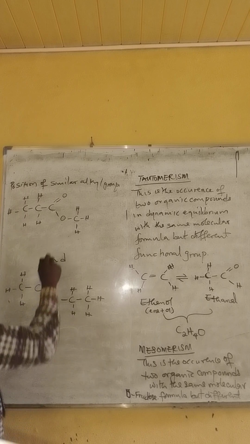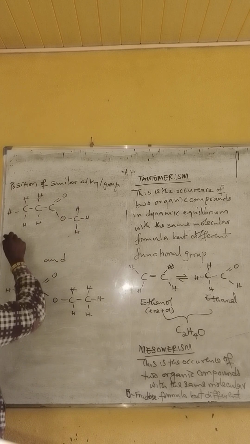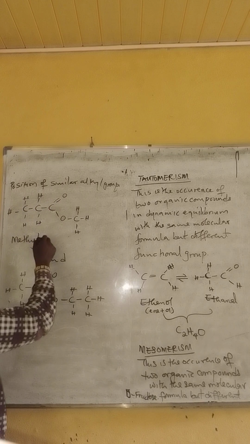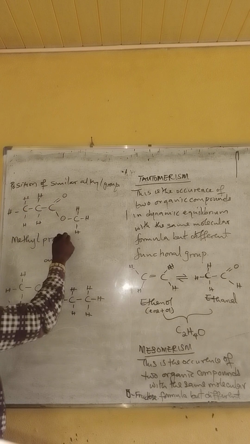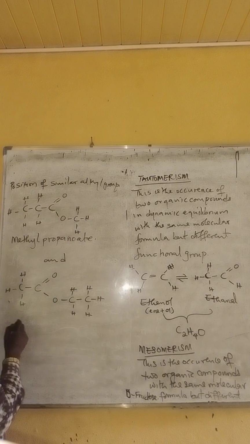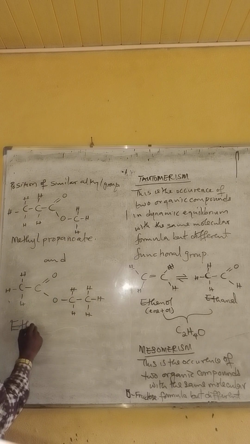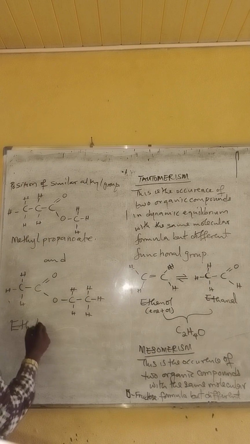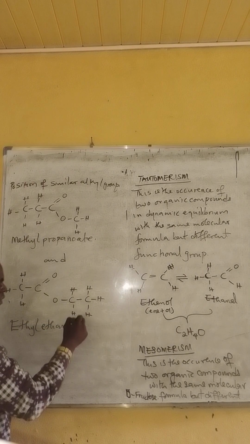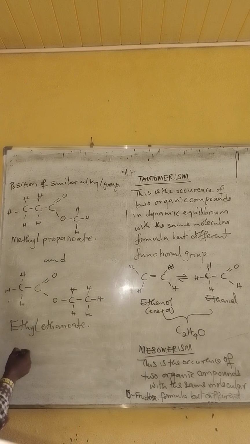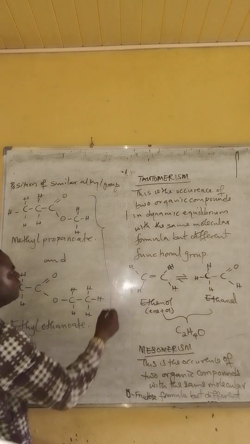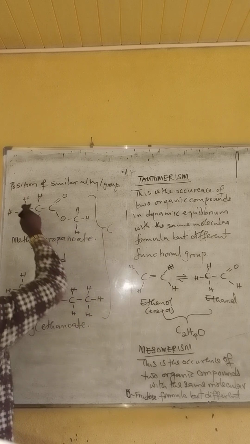So now the name of this one is what? That is methyl, then 1, 2, 3, propanoate, methyl propanoate. Why this one is what? Ethyl 1, 2, ethanoate. So the two of them have the same molecular formula, which is C what?